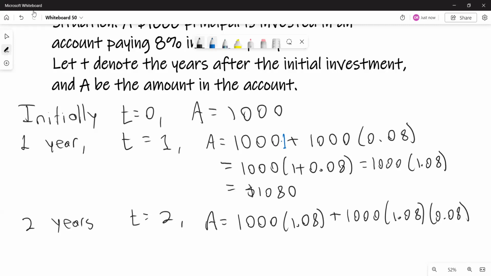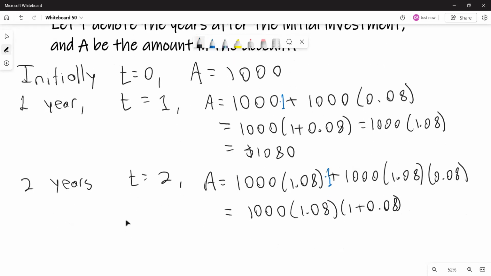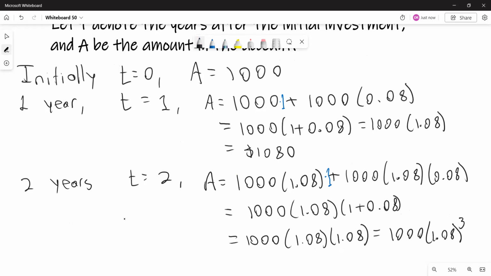Repeating the process, any number times 1 is the number itself. Factor out the common factor, and that's times 1 plus 0.08. But 1 plus 0.08 is going to be 1.08, or 1,000 times 1.08 squared.